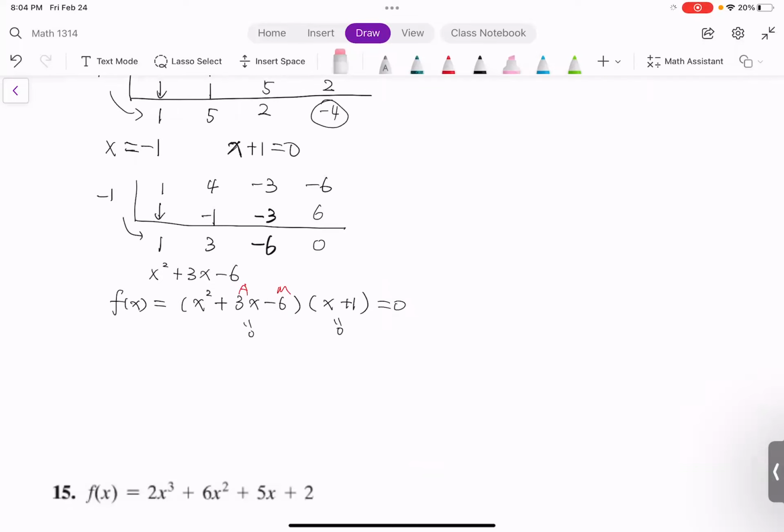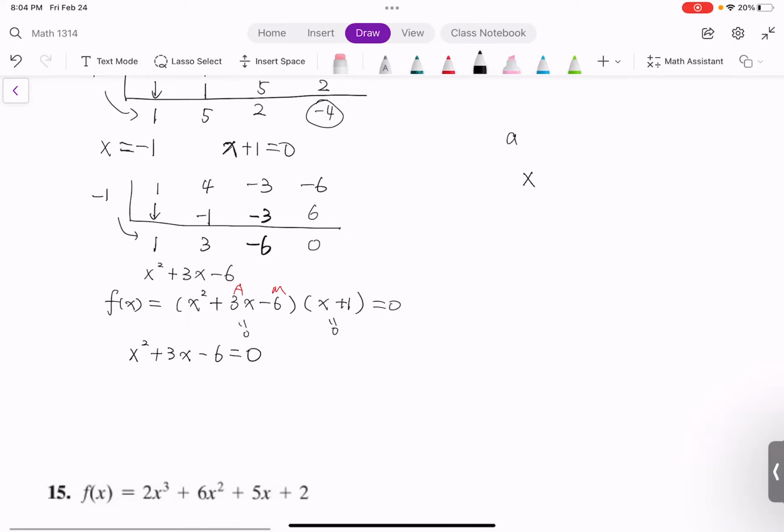This one, we know that the first factor, x squared plus 3x minus 6 equals 0. So how to find the value of the x? We can use quadratic formula. You remember that? If we have ax squared plus bx plus c equals 0, the quadratic formula is x equals -b plus or minus square root of b squared minus 4ac all over 2a.